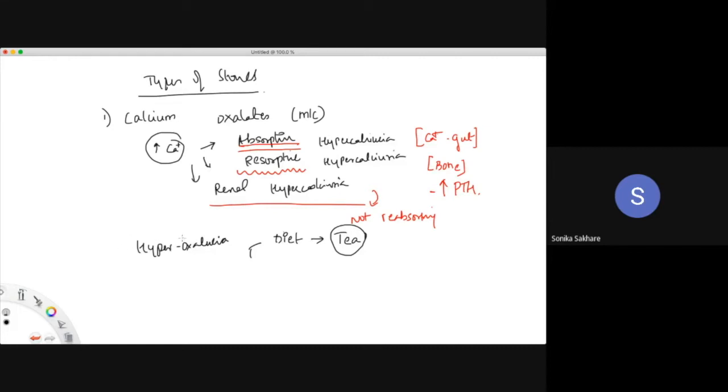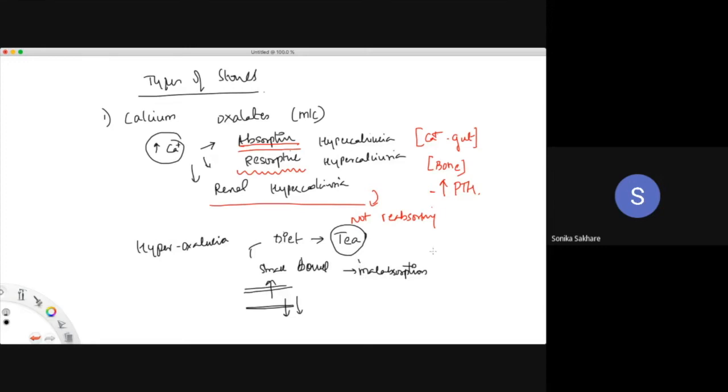Okay. Then coming to another bowel condition, let's say a small bowel condition, where we have resected some amount of the bowel, and now it's gone in for malabsorption. Here, what happens is that the lining epithelium of the gut will become more permeable for oxalates.